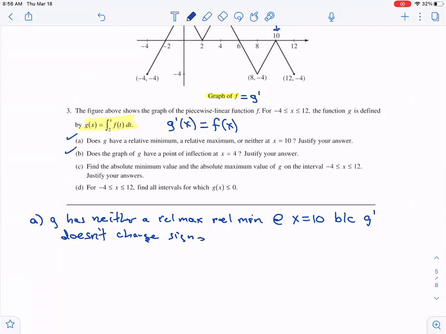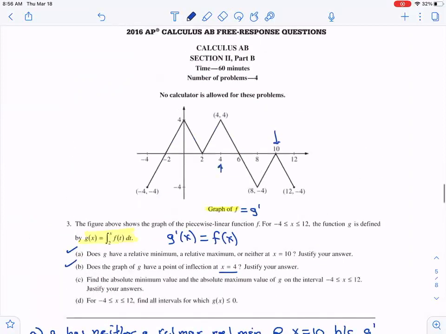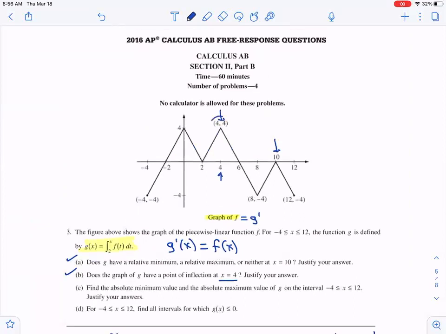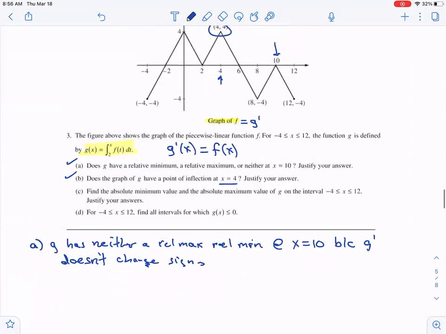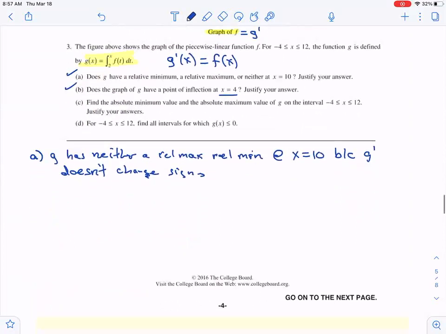Part B, does the graph of G have a point of inflection at x equals 4? Now we're looking at x equals 4. So we're looking right here on our graph, and they're asking us for a point of inflection on G. Well, I see that G prime at x equals 4 changes from increasing to decreasing. So that would be a point of inflection on G. So B is, yes, G has a POI.